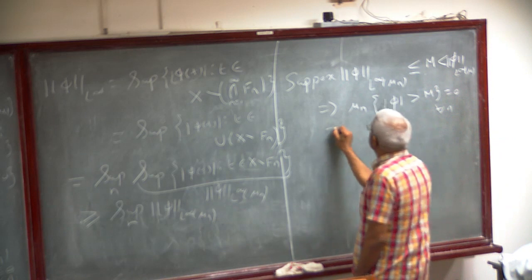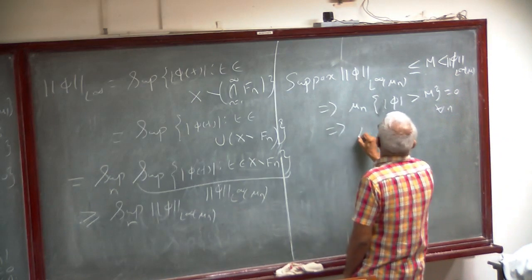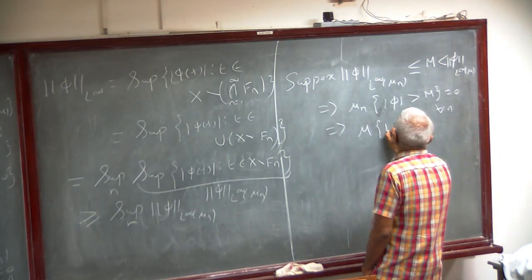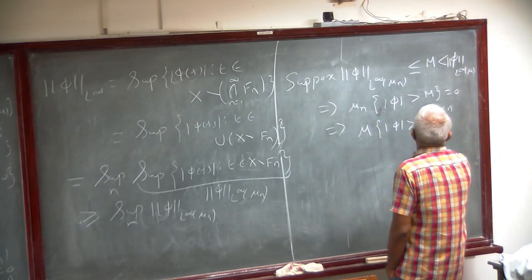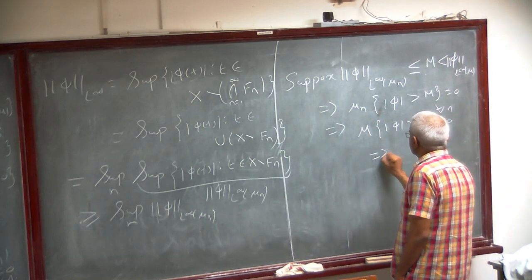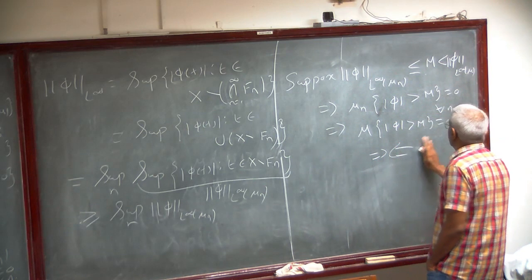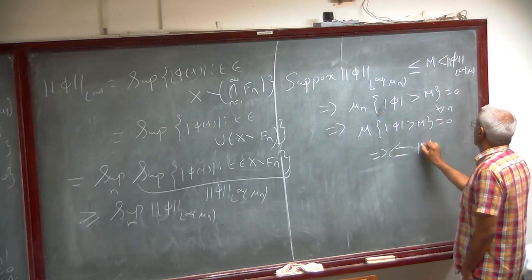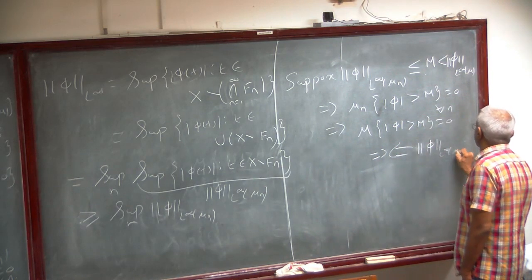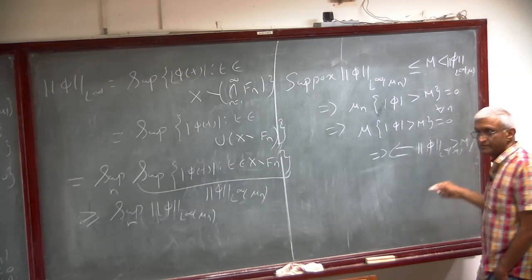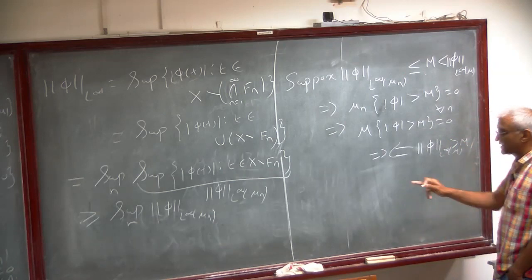But this is true for all n, so this implies the norm of phi greater than m equals 0. This contradicts the fact that the L infinity norm of phi is strictly greater than m. Because of that, it follows.